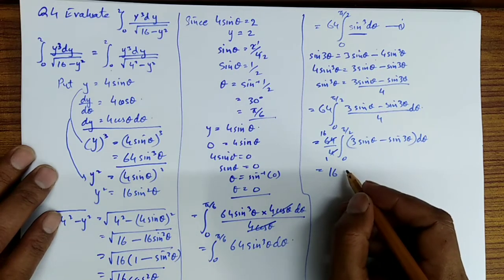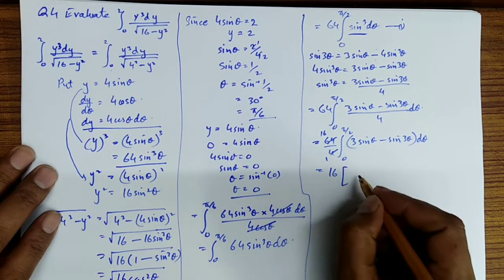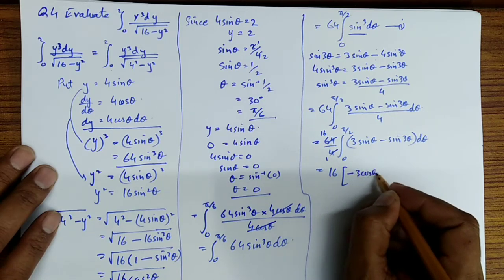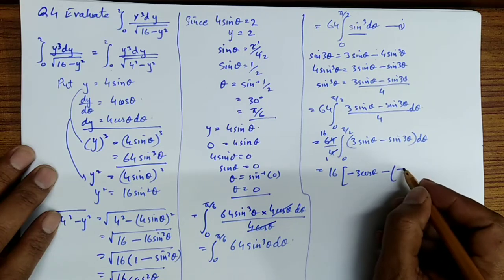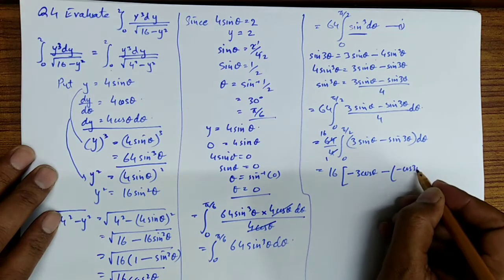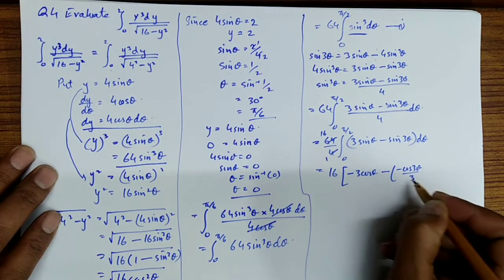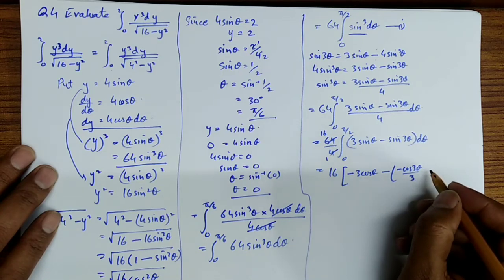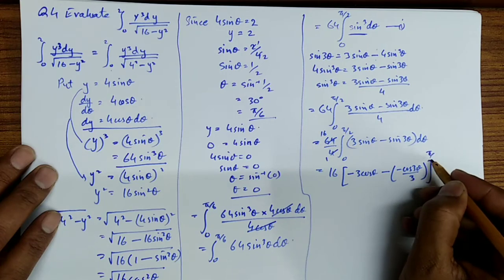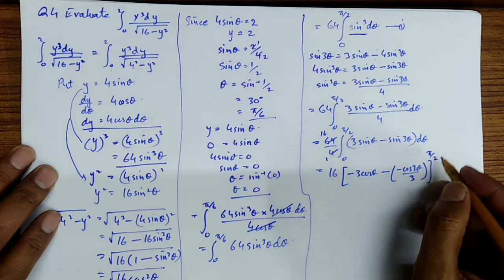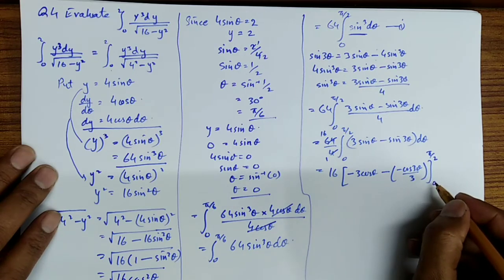Now finding the integral, this will give us minus 3 cos theta minus into minus cos 3 theta upon 3. We will close. The limits are pi upon 2 and 0.